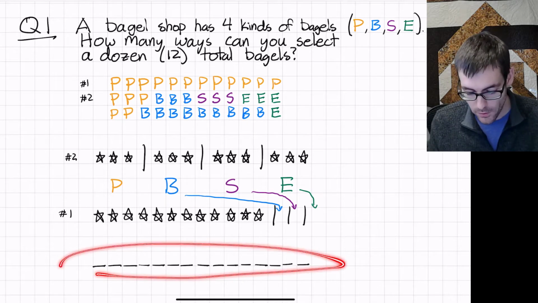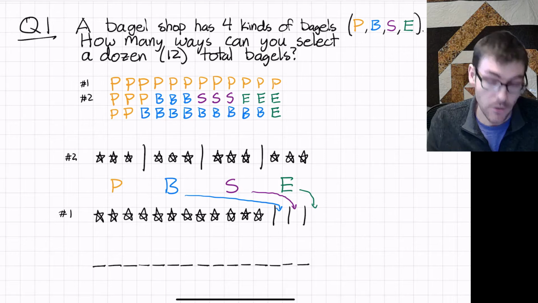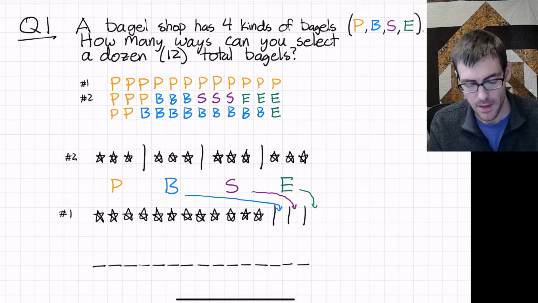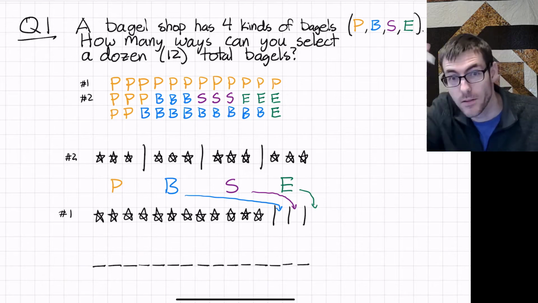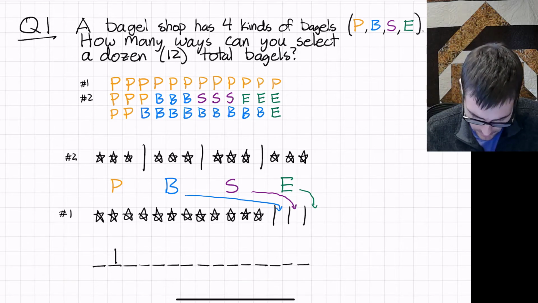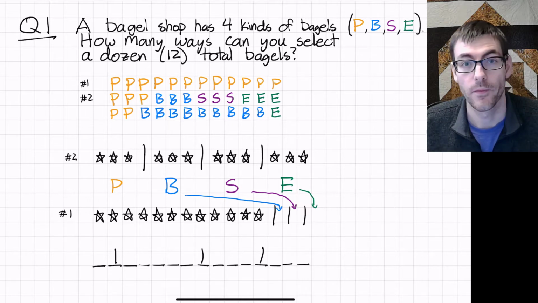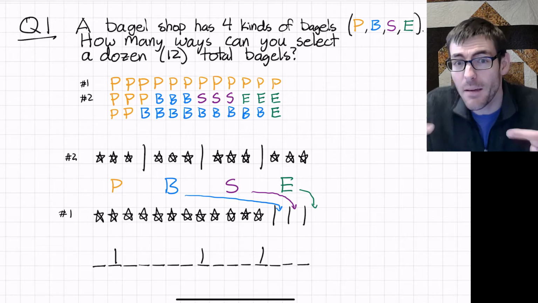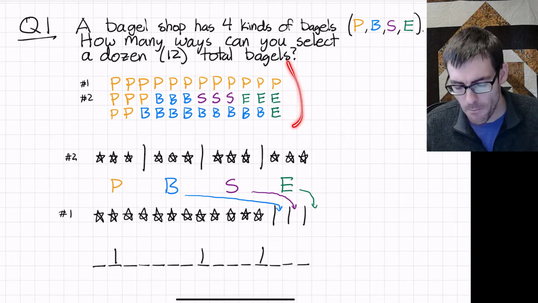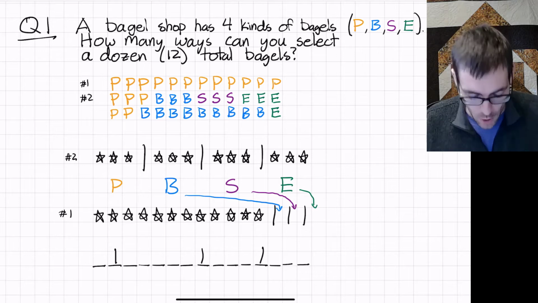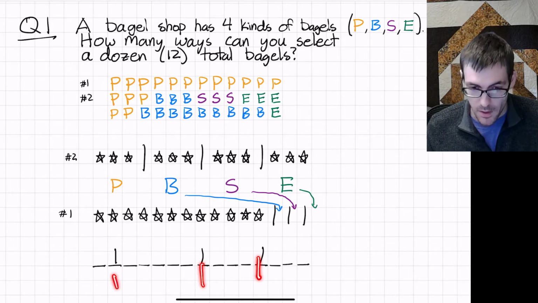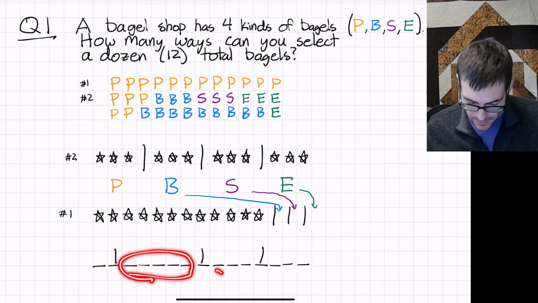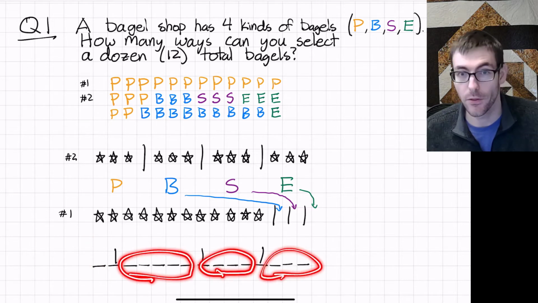So if I have all of these openings and I choose somewhat arbitrarily 3 places to put a bar, so let's put one here, and one here, then that choice of 3 positions is the same thing as a choice of how many of each type of bagel we want. Once I've decided to put those down, then I've decided that I want 1 plain bagel, I want 5 blueberry, 3 sesame, and 3 everything.